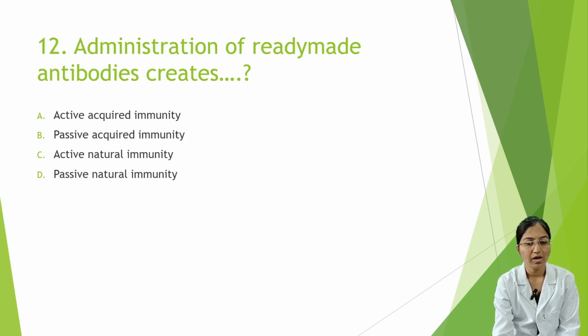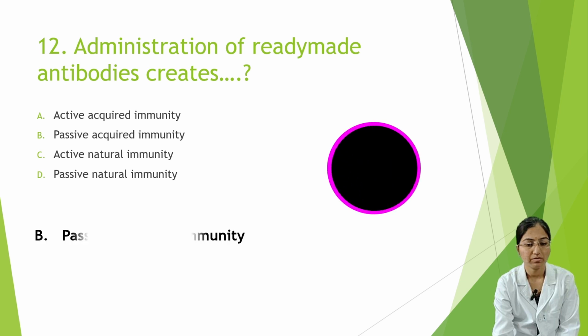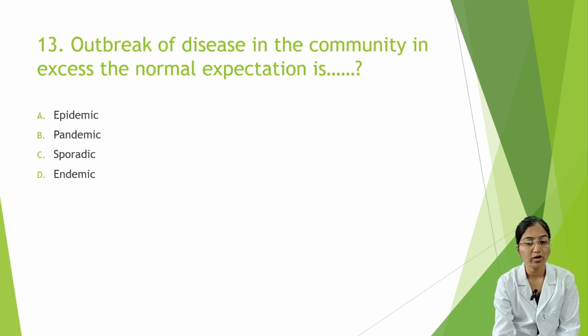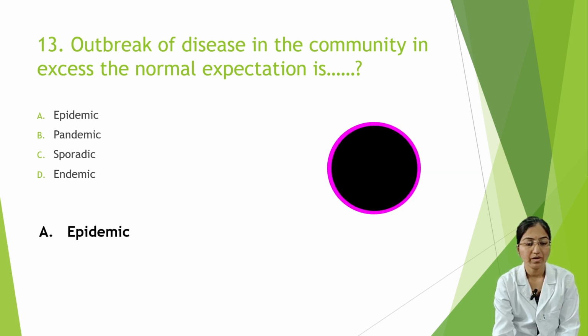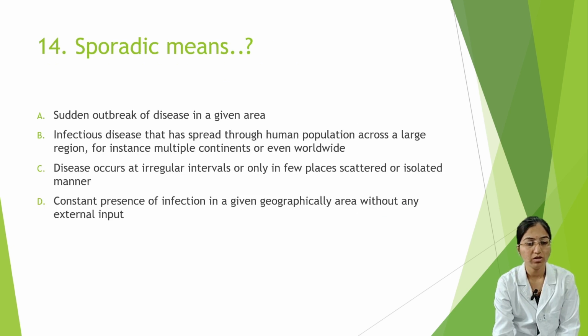Next question. Administration of ready-made antibodies creates that is passive acquired immunity. Next question. Outbreak of disease in community in excess, the normal expectation is epidemic.